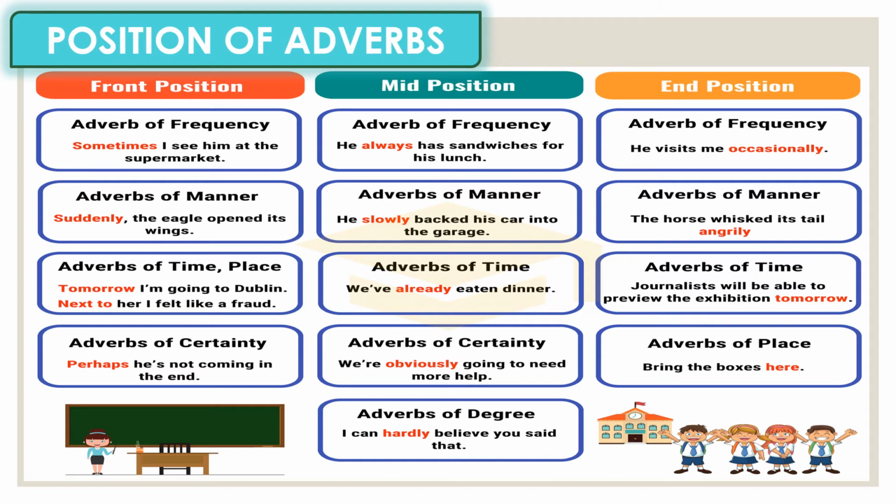If we talk about front position, adverbs of frequency, manner, time, and place can all be used in the front position when we start a sentence. So these kinds of adverbs can be brought forward before the subject in a sentence. For example, sometimes I see him at the supermarket.